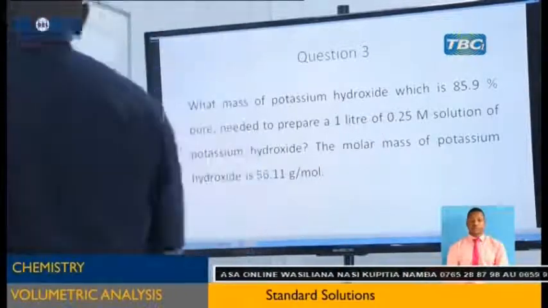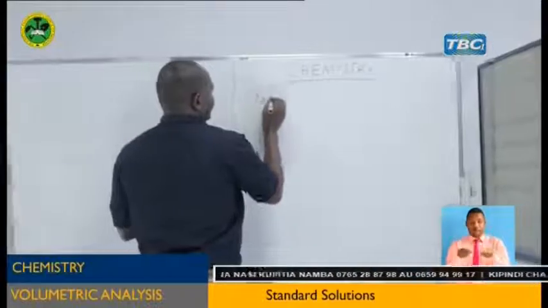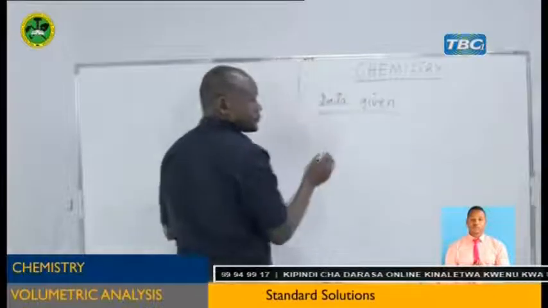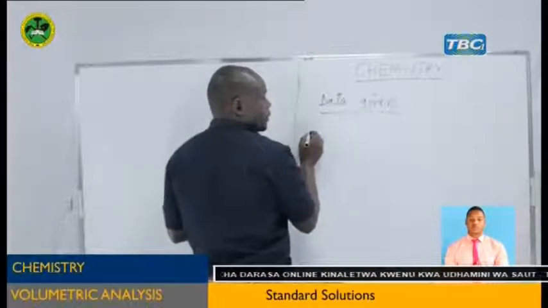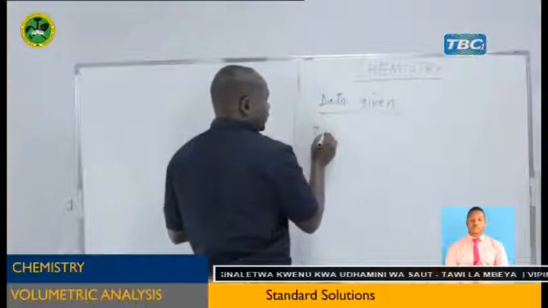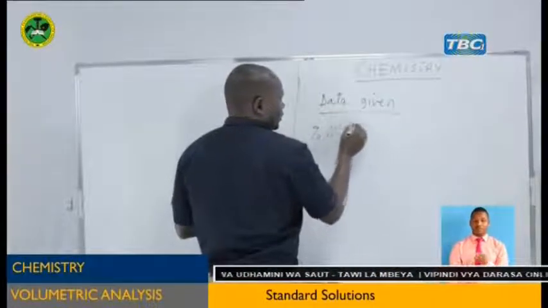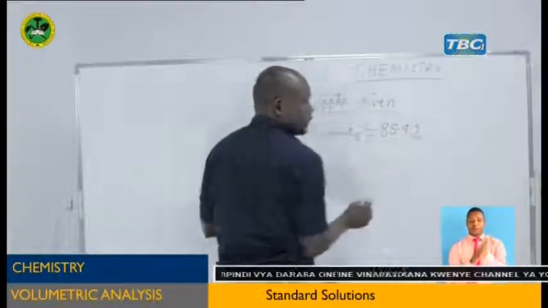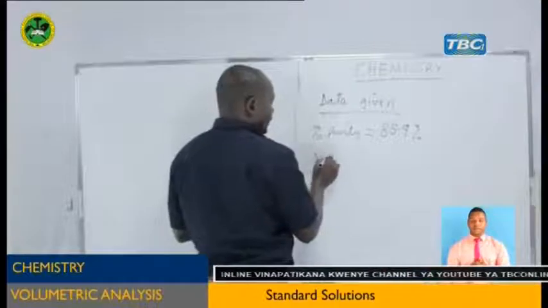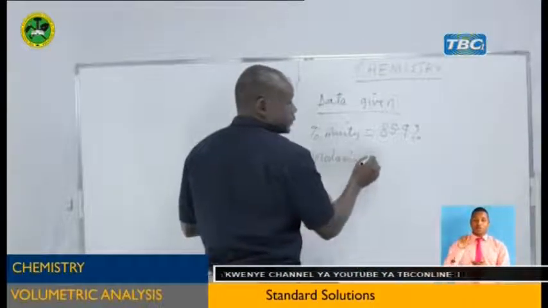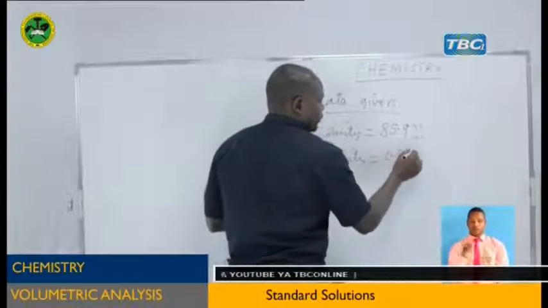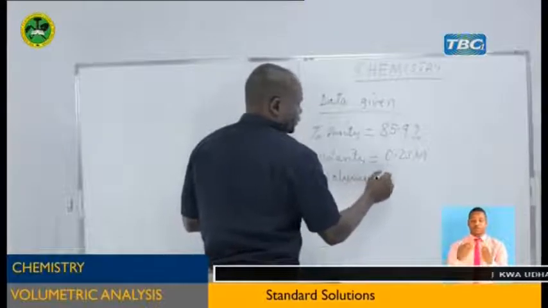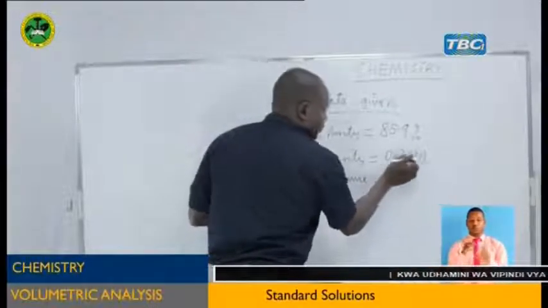So the data given, my dear students, is: percentage purity equal to 85.9%. Then you have the molarity, which is 0.25 mole per liter, and you have the volume, which is 1 liter.